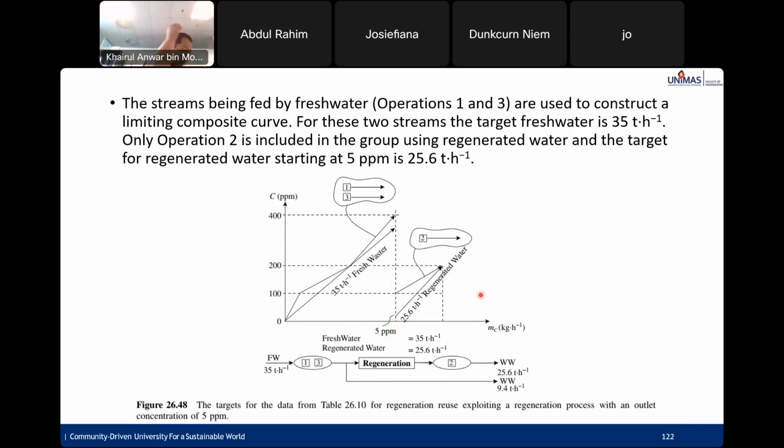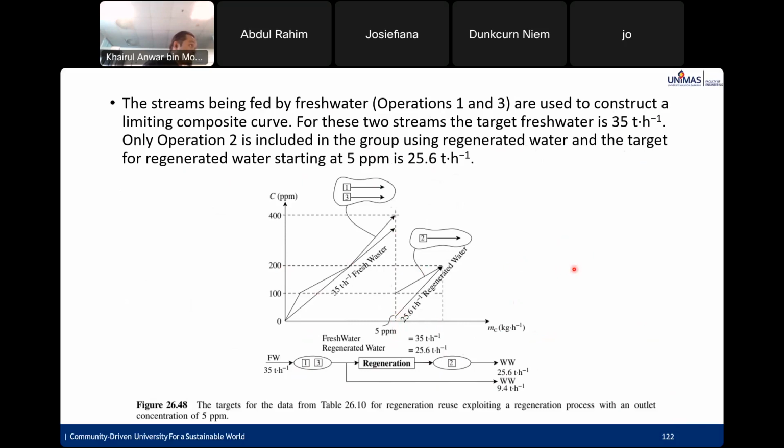How about stream 2, regenerated water? The regenerated water for stream 2, based on table 26.10, is 5,000 grams per hour. So based on this figure, it started at 5 ppm.